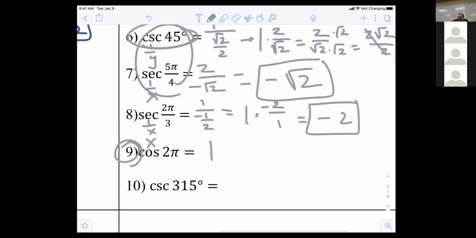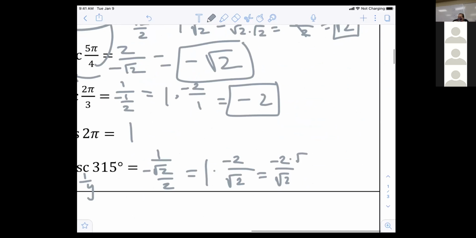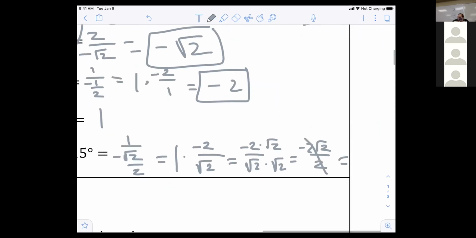And then last, cosecant of 315 is 1 over y of one of my 45-degree angles, but it's negative. So again, I'll show this one out one more time. Negative 2 over root 2. And then rationalizing means multiply by the radical on top and bottom. And then one final step is just simplify it as much as possible. Those 2's cancel.